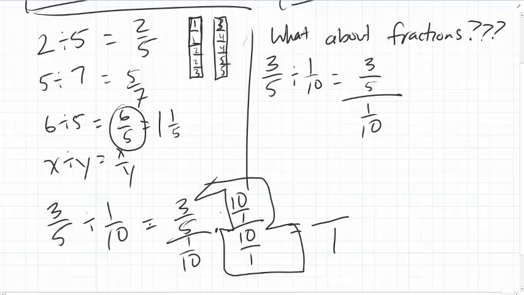Now if we multiply the top by the reciprocal of the bottom, 3 times 10 is 30. 5 times 1 is 5. That simplifies to 30/5, which simplifies into 6.